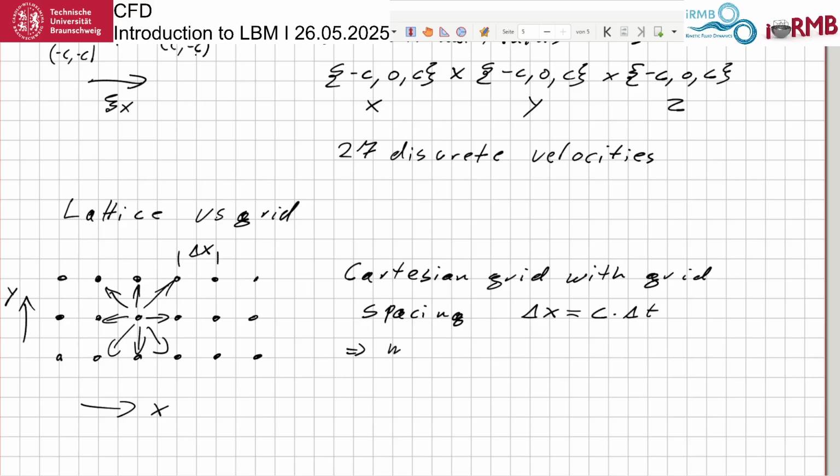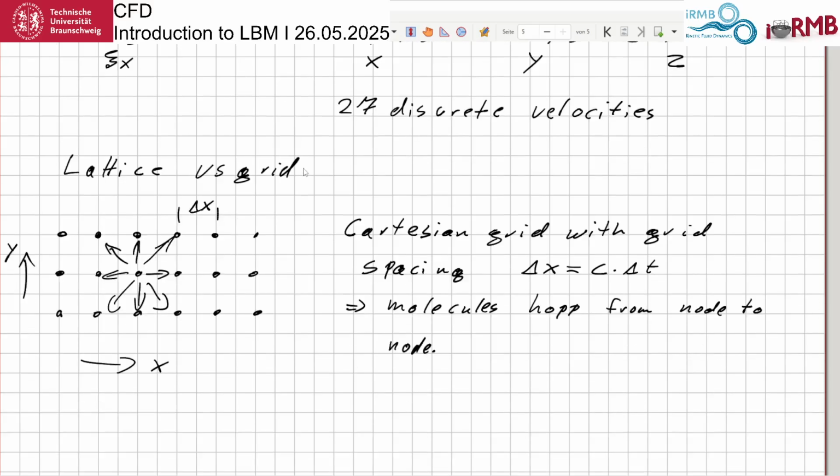Meaning that molecules hop from node to node. And that leads to a very simple so-called lattice Boltzmann equation.